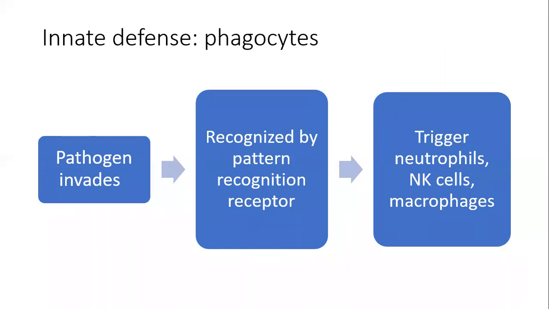So how they work is that a pathogen invades, it's recognized by pattern recognition receptors. So they go, oh, this is something that doesn't belong here. I don't know what it is exactly, which then triggers neutrophils, natural killer cells, and macrophages to respond. So the neutrophils are the first responders to any inflammatory at a site of injury or insult.